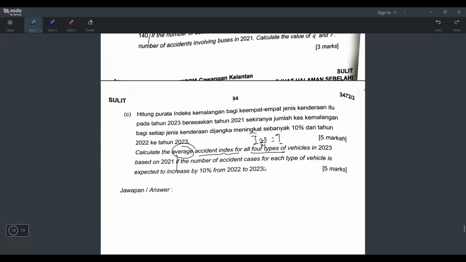If the number of accident cases for each type of vehicle is expected to increase by 10% from 2022 to 2023, it means the composite index for 23 over 22 will be 110. You understand, right? Because the number of accident cases for each type of vehicle is expected to increase 10%.